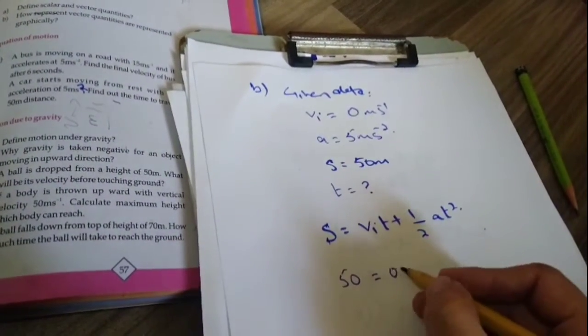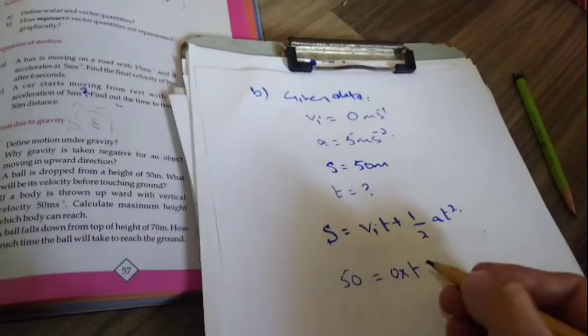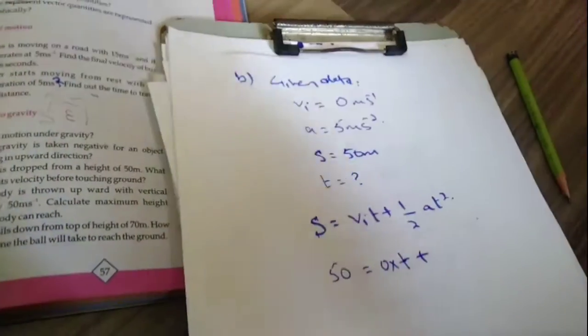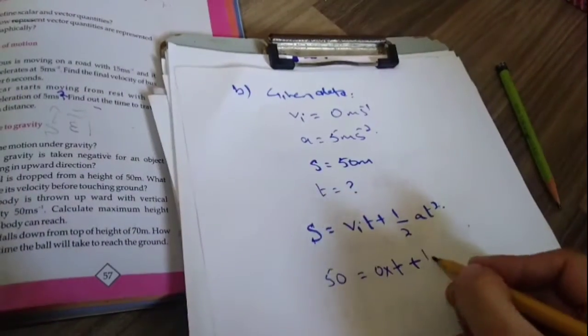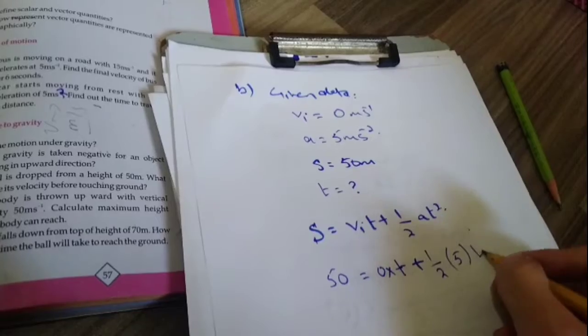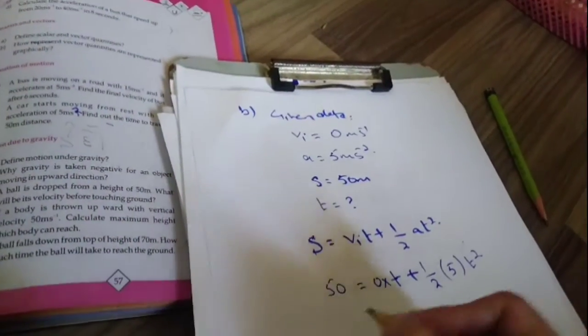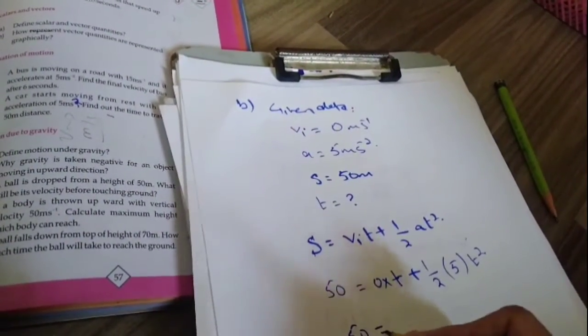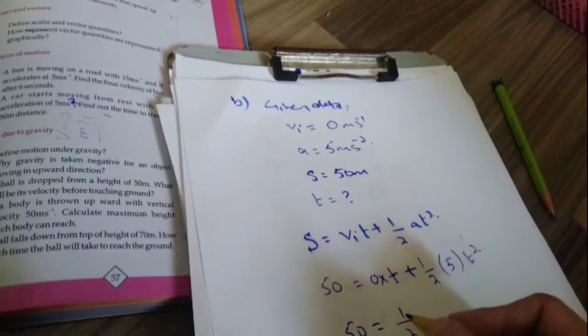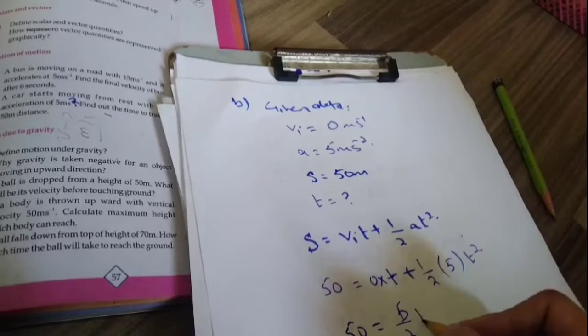So this whole quantity is going to be 0, because if you multiply something with 0, the result is 0. Half acceleration is 5 and t square, which we have to find. So from here this reduces to 5 divided by 2 t square.